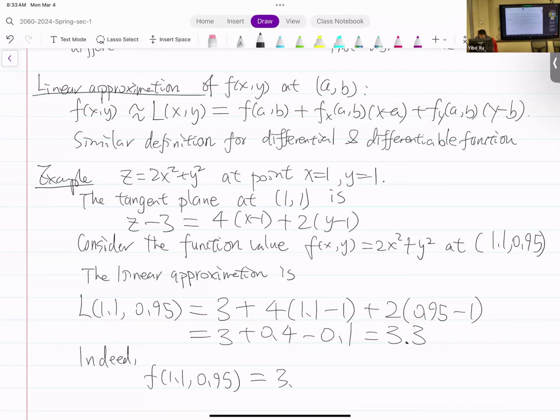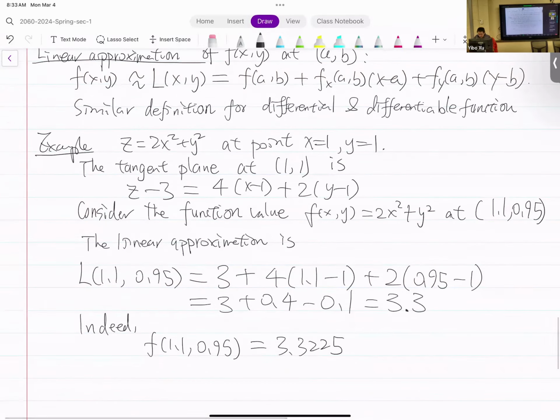It is 3.3225. So the error here is going to be this part, which is not really big.